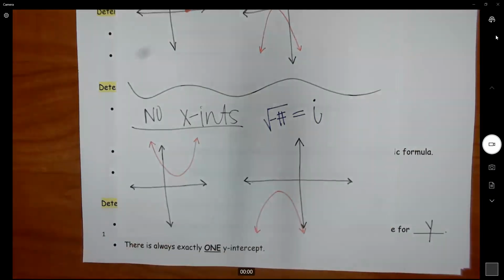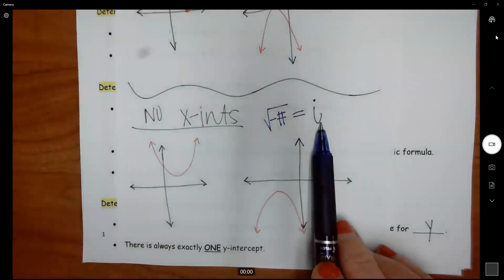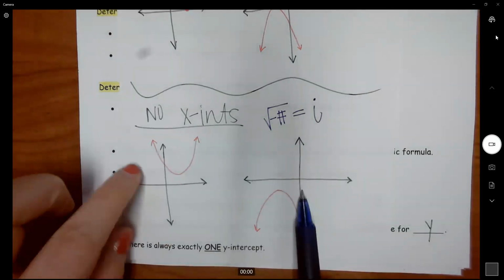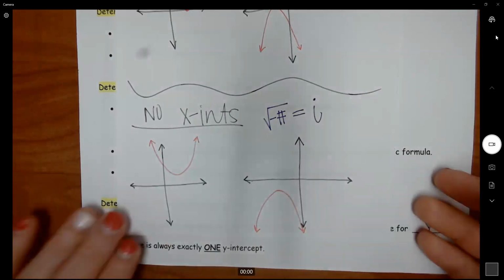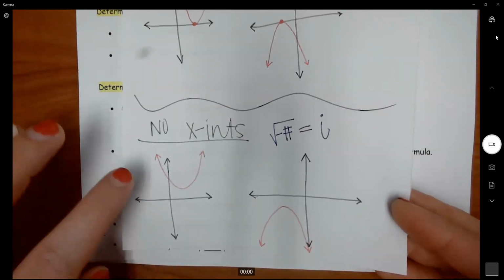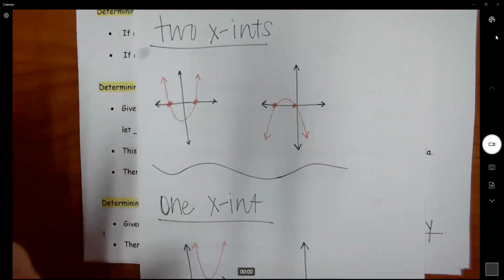So when you use the square root method or the quadratic formula and you get the square root of a negative number, that means you have no x-intercepts. So that's what it looks like when you've got none, 1, and 2. I would say 2 is going to happen the most.